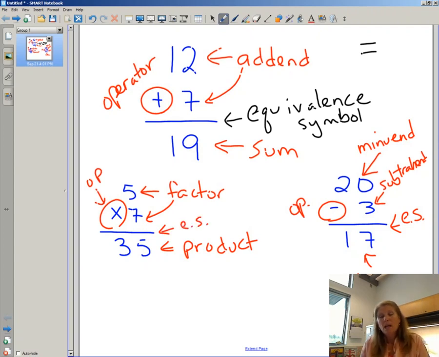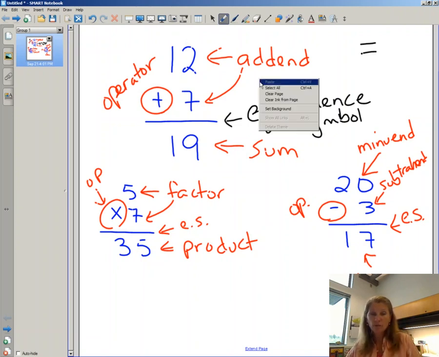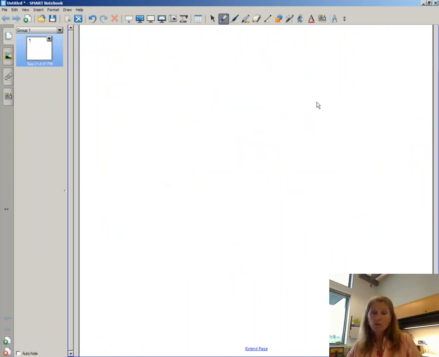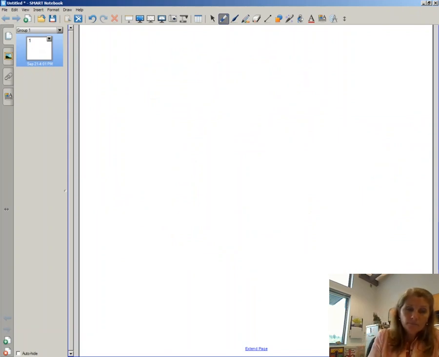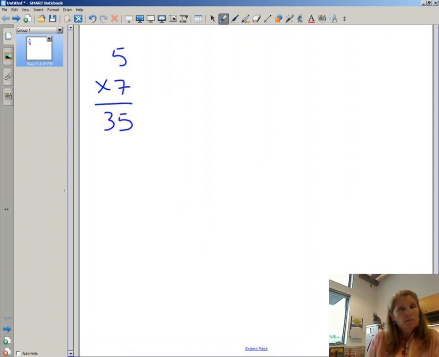However, I want to tell you that there's more than one way to write a multiplication problem, and I want to show you all the ways, and we're going to be using different formats. When you say 5 times 7 equals 35, those multiplication facts, by the way, it's nice to have those memorized.